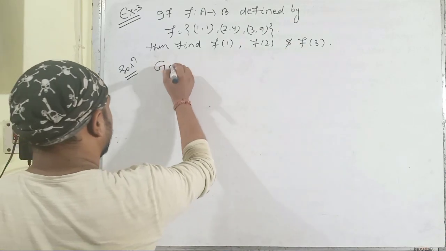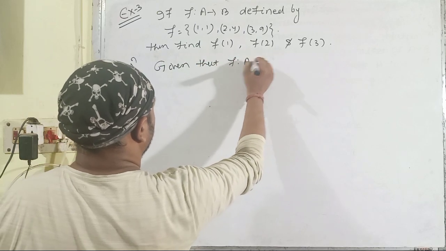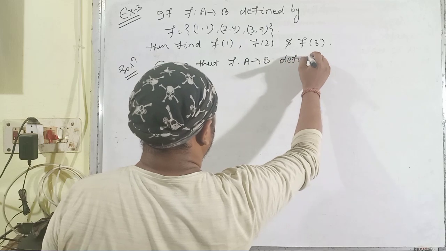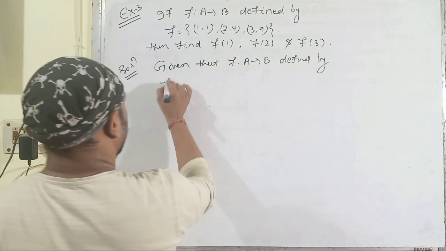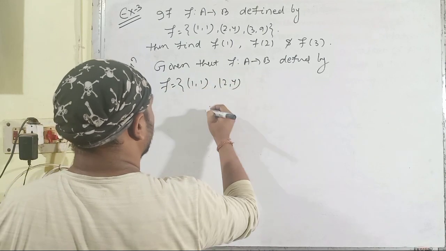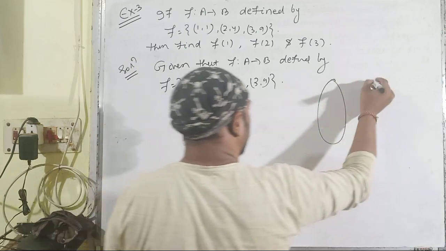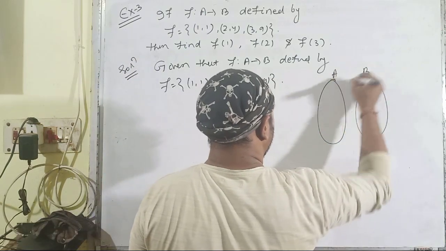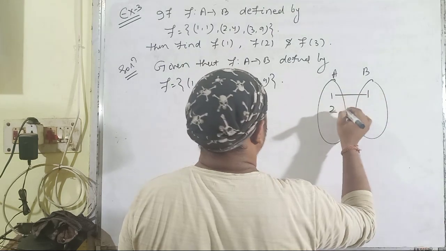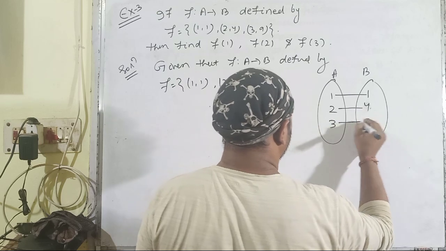So given that f is a function from A to B defined by f is equal to (1, 1), (2, 4), then (3, 9). Then go for the arrow diagram representation: 1, 1, 2, 3, 2, 4, then 3, 9.